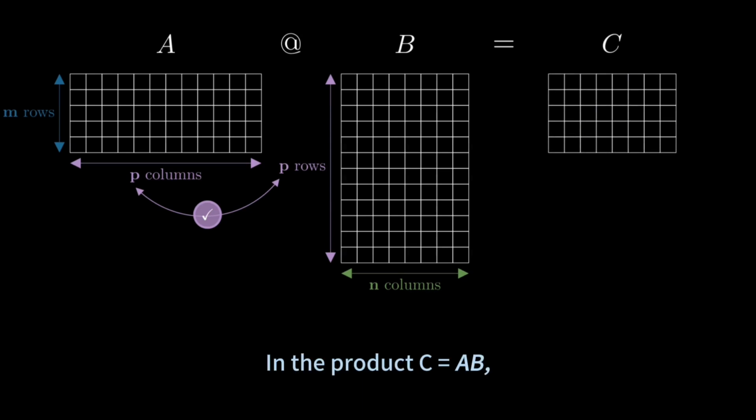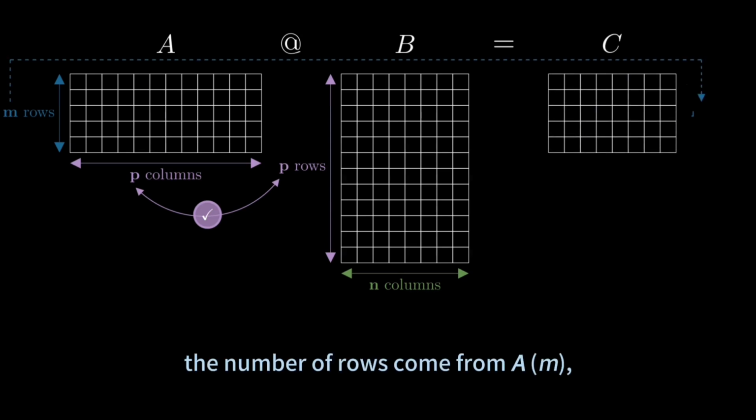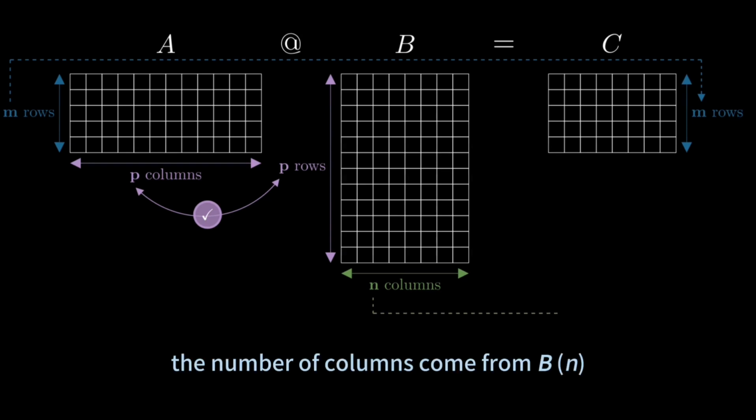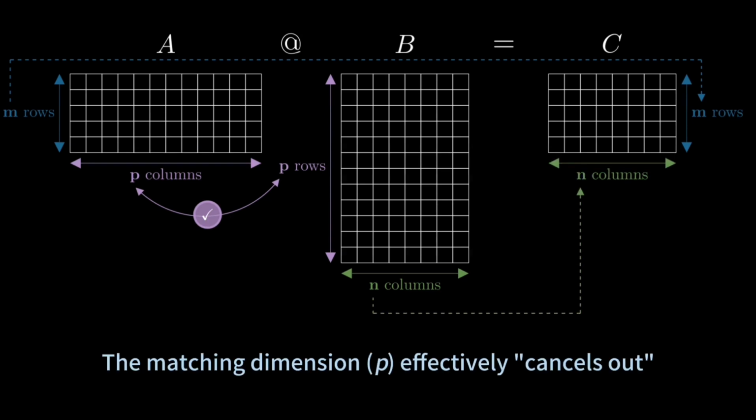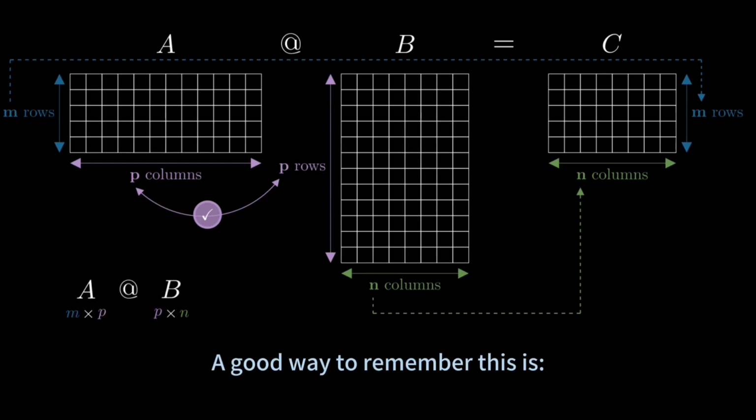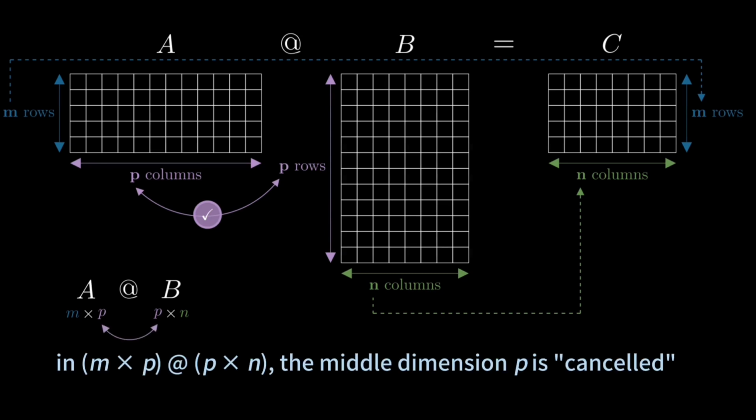In the product AB, the number of rows come from A, the number of columns come from B. The matching dimension P effectively cancels out. A very good way to remember this is M times P at P times N, the middle dimension P is cancelled.